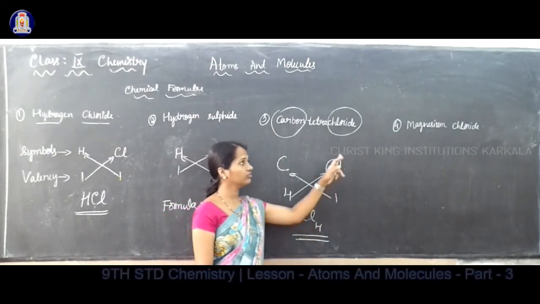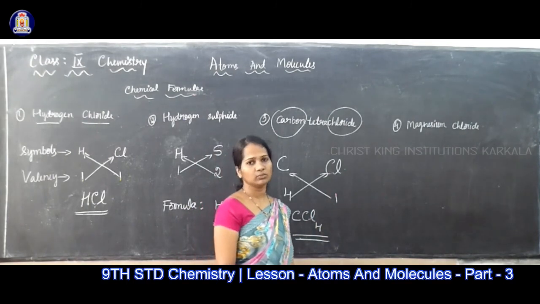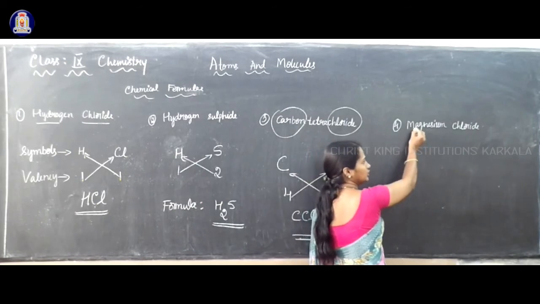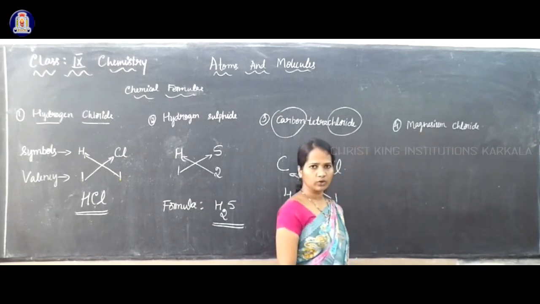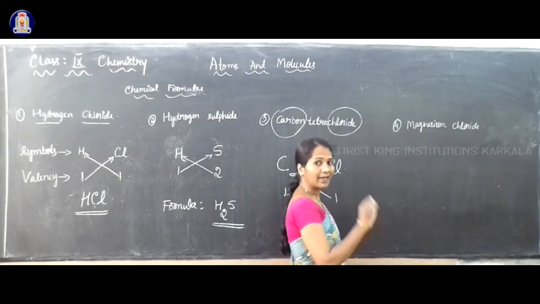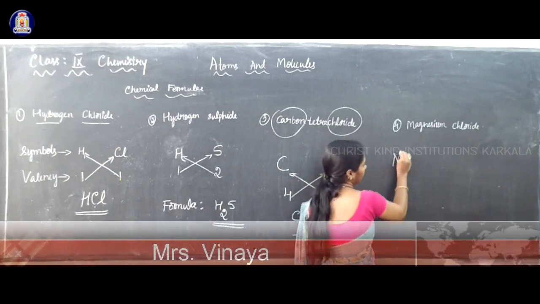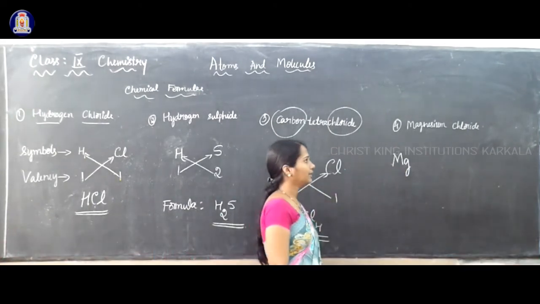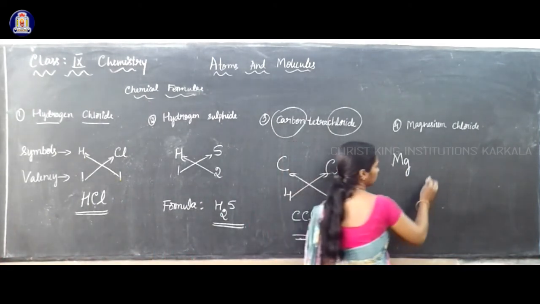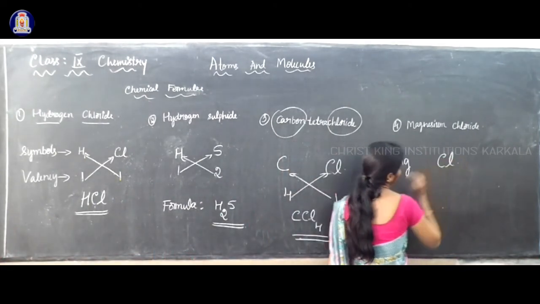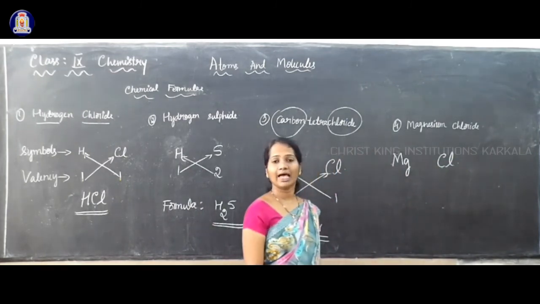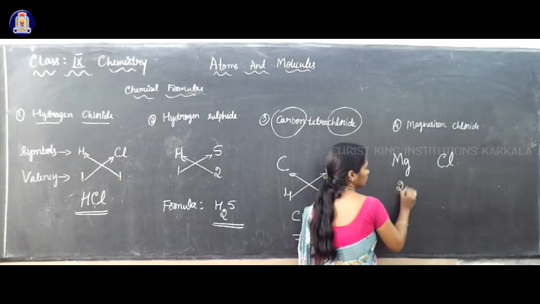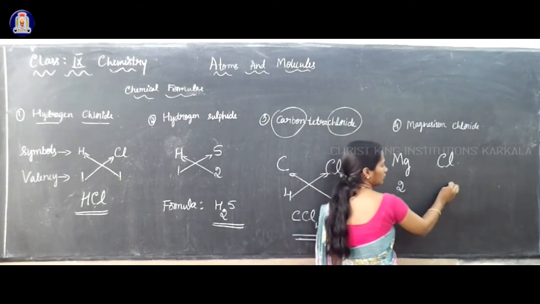Now come to the fourth compound, magnesium chloride. The two elements present are magnesium and chlorine. The magnesium symbol is Mg, capital M and small g, and the chlorine symbol is Cl. The valency of magnesium is 2, the valency of chlorine is 1.